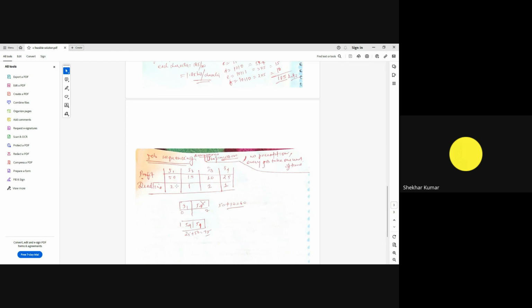The maximum deadline place is 2. So I will put this job in the maximum deadline place or nearby. So I have put this J1 job in the second month, because the deadline is 2 and I have put it in the maximum deadline time.